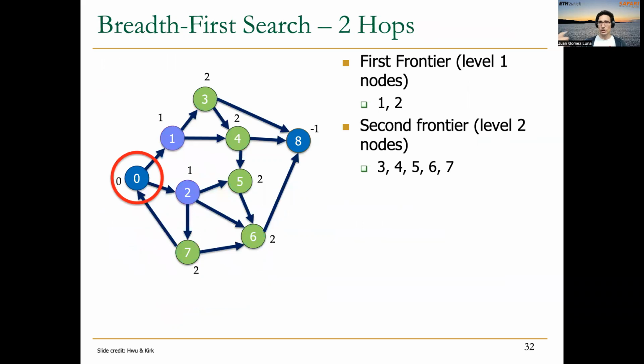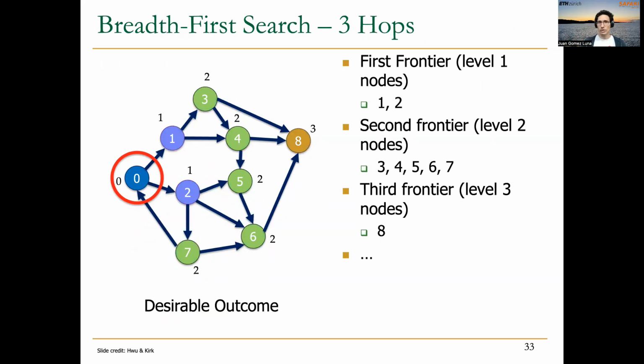In the second frontier, we find the neighbors of 1 and 2, in this case nodes 3 to 7. We enqueue them in the output queue, and then we go to the next iteration. The last frontier is going to be only node 8. So that will be the final outcome, the final solution for breadth-first search with node 0 as a source.